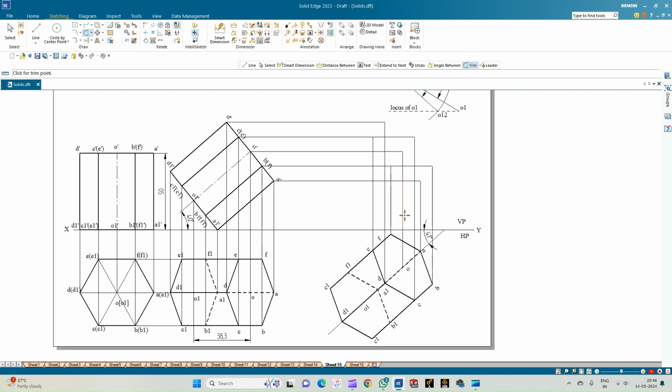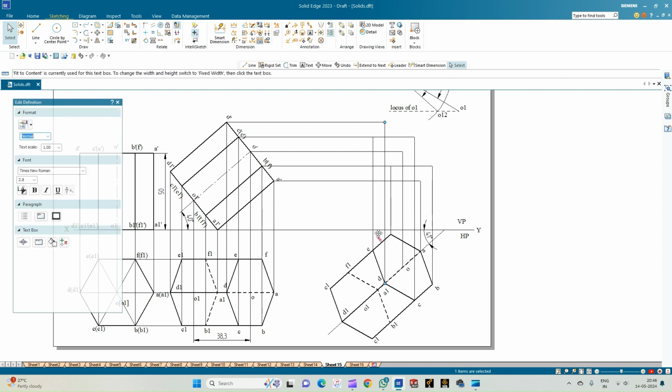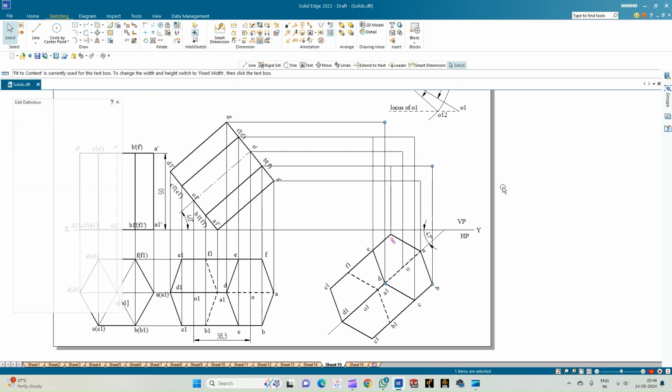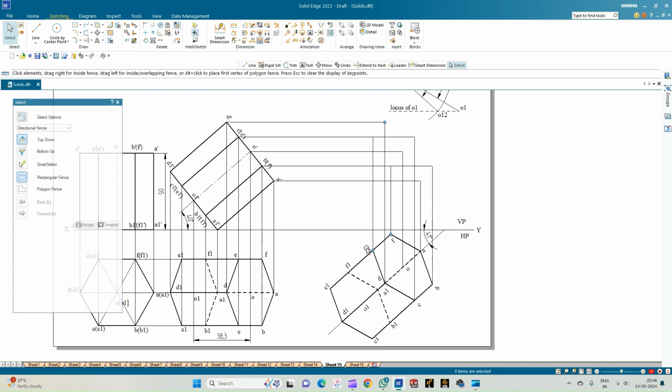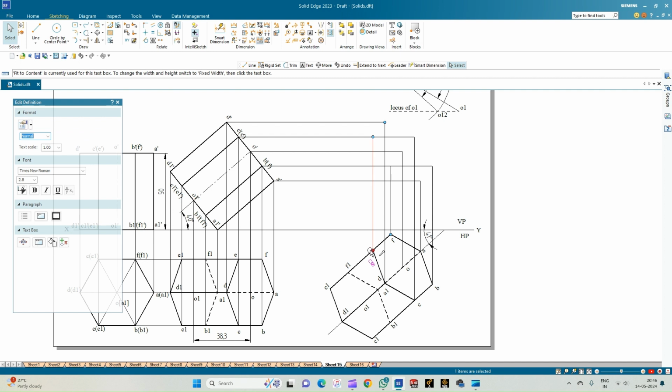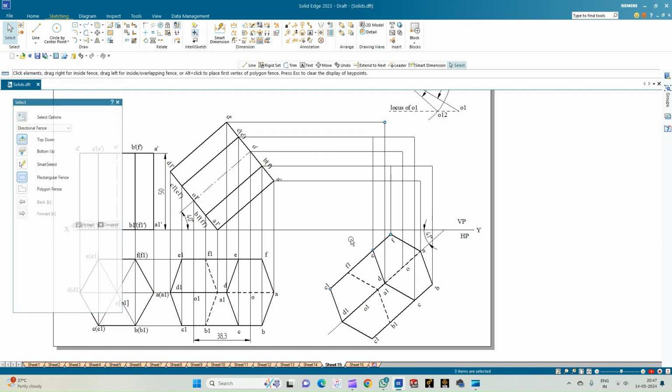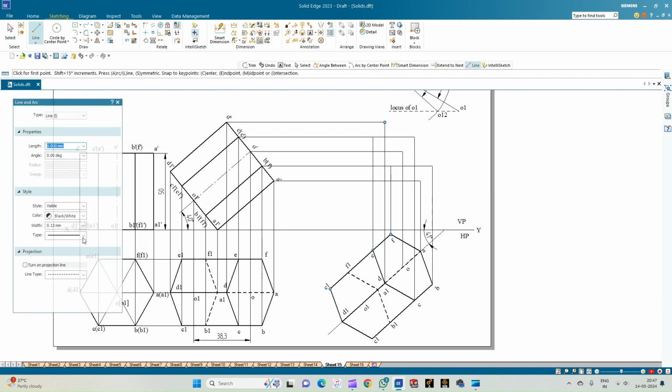Now these are the points of intersection. For the observer, the corner F will be the farthest corner point. So we have to understand that all the edges originating from the corner F will be hidden. With this input, let us try to complete the front view of the top face of the prism.